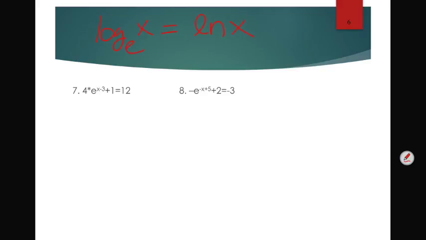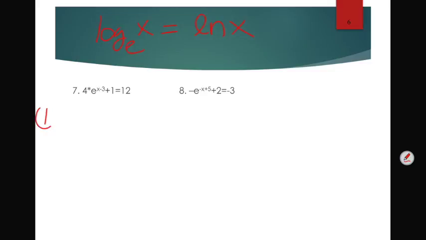So when I rewrite it and I have a log of base E, I just need to remember to plug that in as natural log of x instead of log of base E. You'll have to do a whole bunch of extra buttons if you plug in log of base E. So just remember, if you have an E as your base of an exponent, then you'll have natural log when you're going to rewrite it as a log.